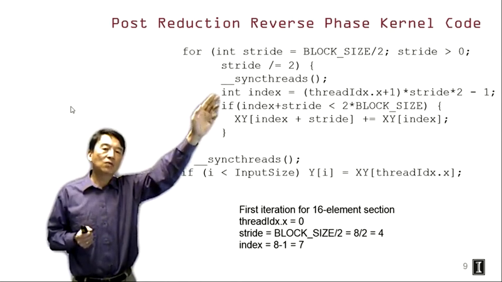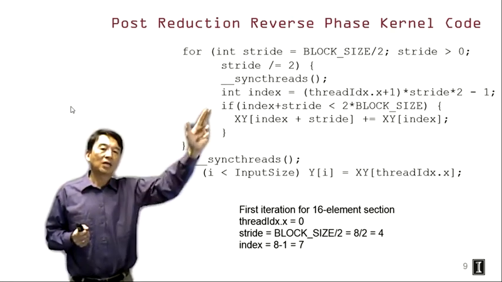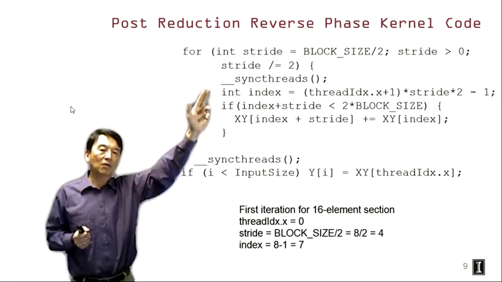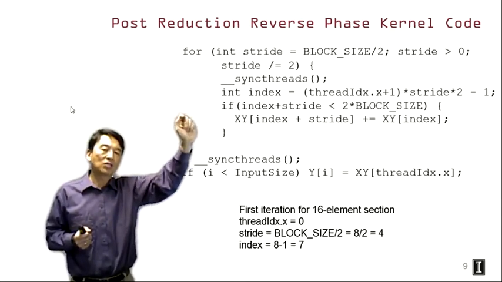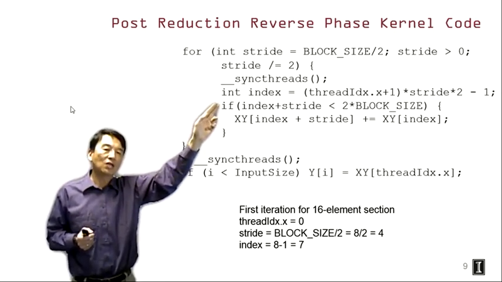And we will do a sync thread to make sure that the previous iterations have finished their job. And especially this sync thread is going to make sure that the previous reduction step has already also done its job. And then we do exactly the same index calculation as we did in the reduction phase.